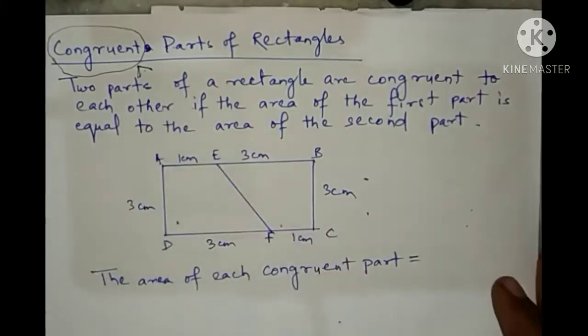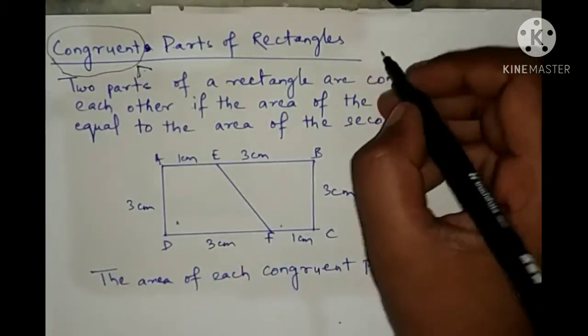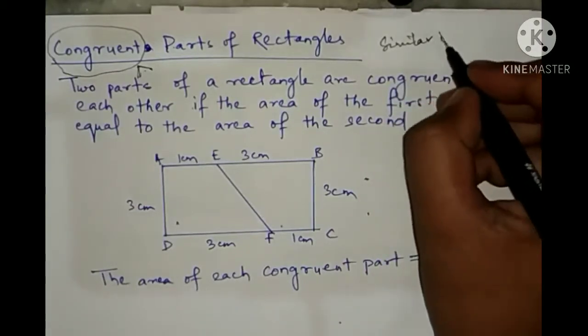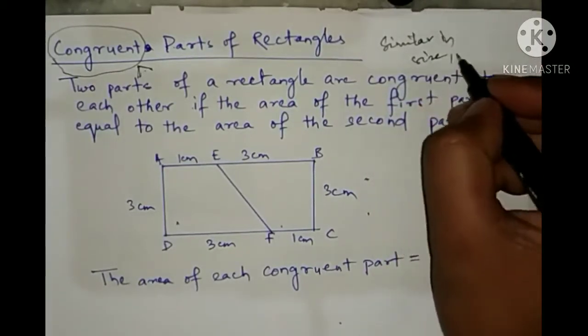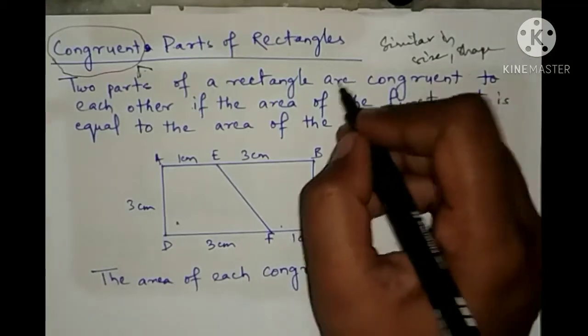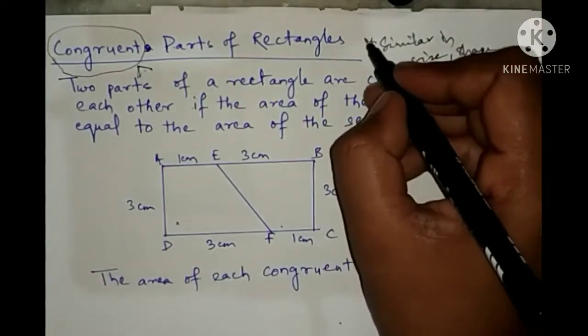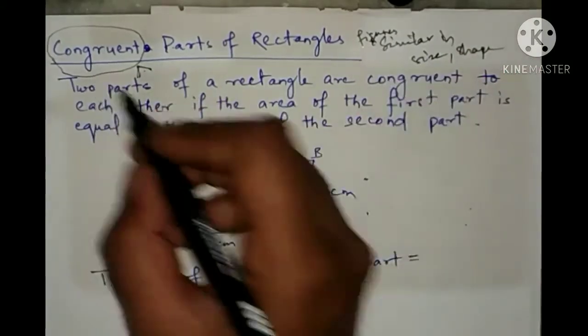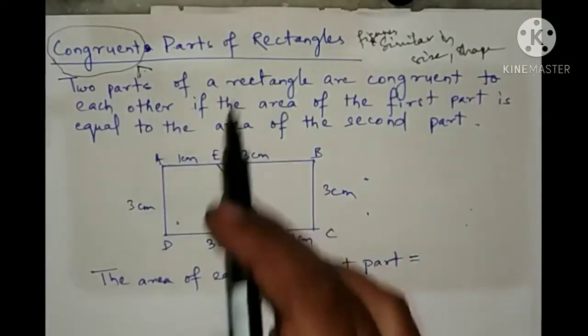Means they are fully similar in size and shape. So congruent parts of a rectangle.